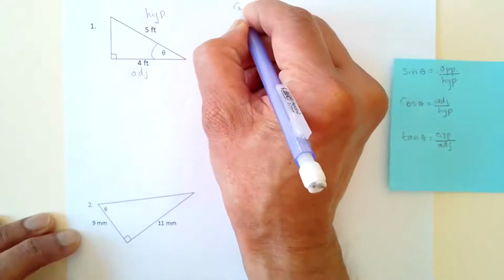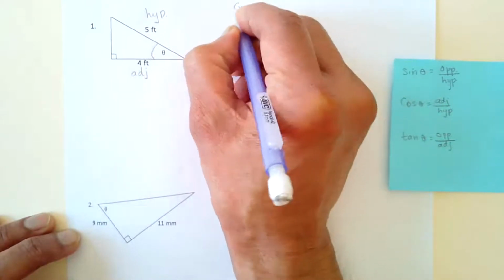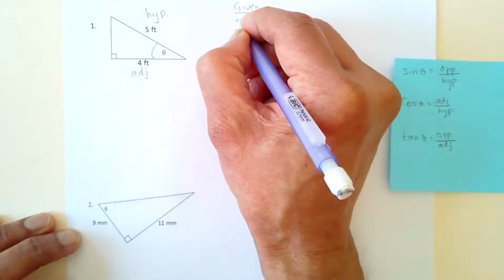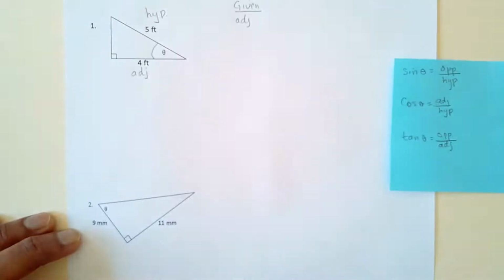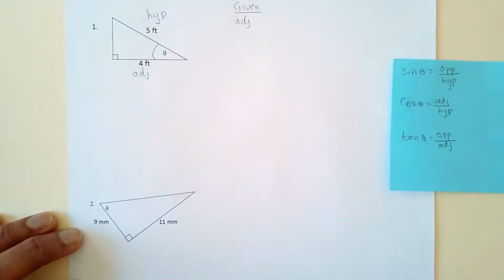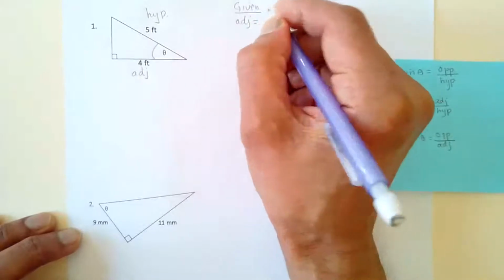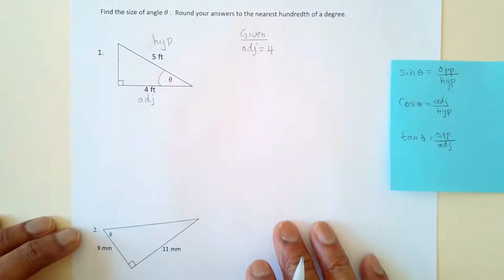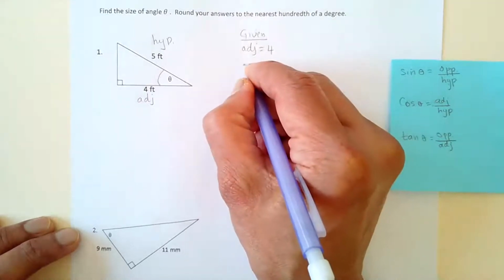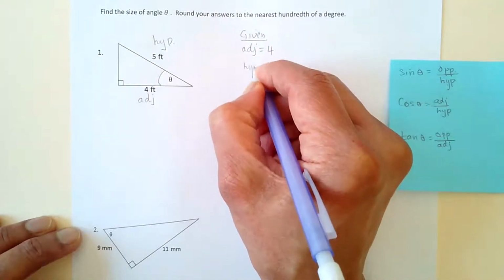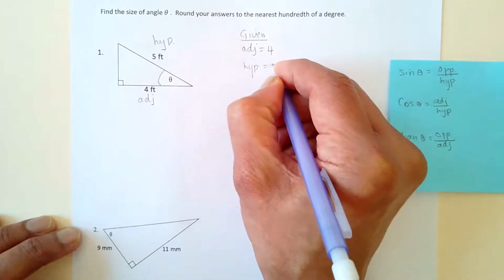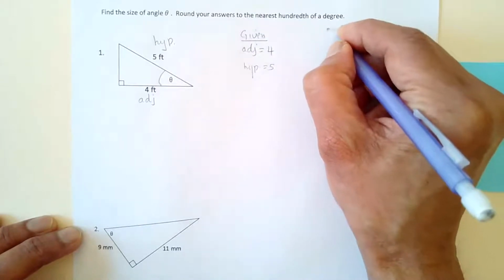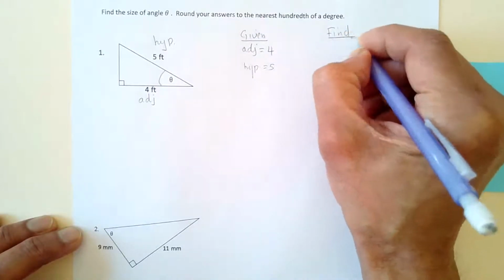Given adjacent equals 4, hypotenuse equals 5. I'm asked to find the angle theta.